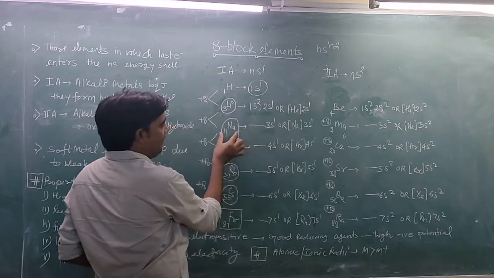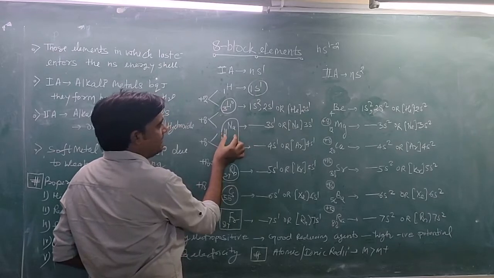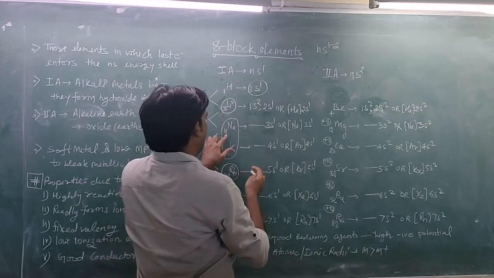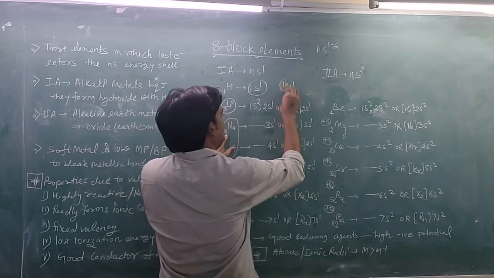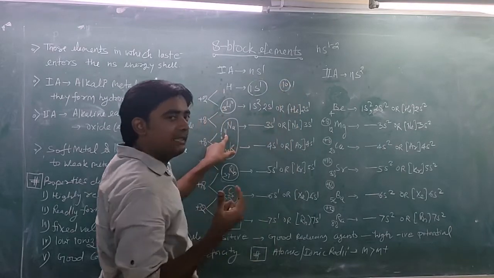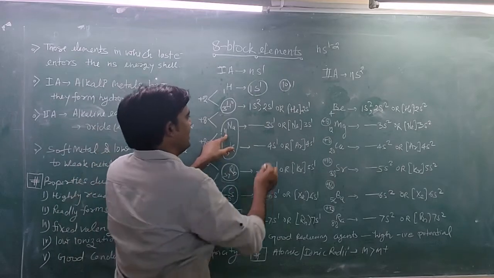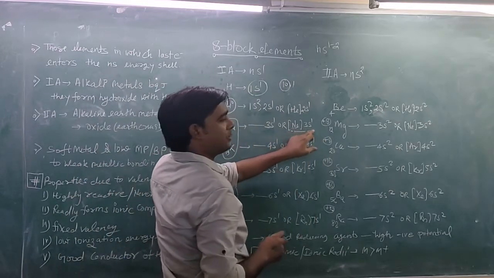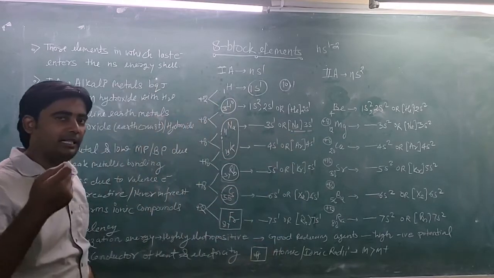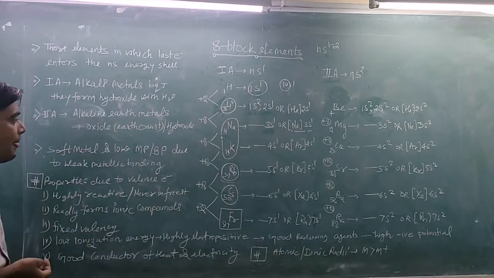Similarly, for sodium with atomic number 11, you can write 10 and 1. 10 is neon, which is the second inert gas. So you can write the electronic configuration in this fashion also: neon 3s1. 3s1 is the valence shell electron, in the third shell.